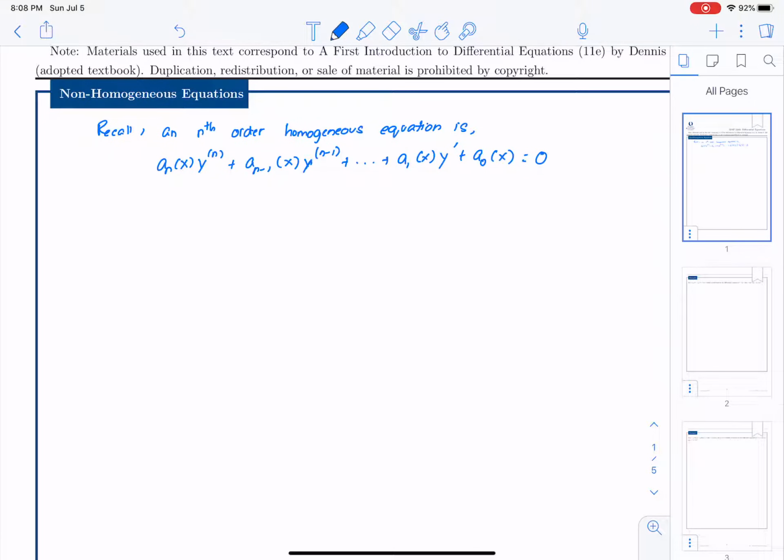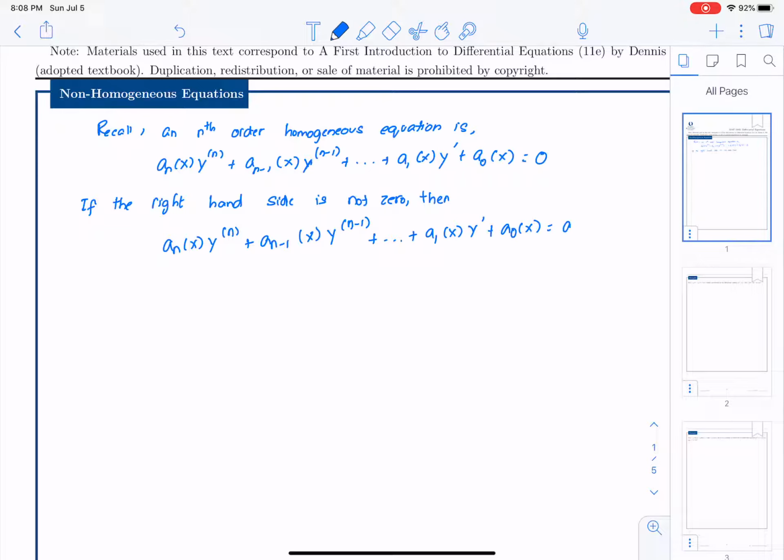So if the right-hand side is not 0, say if it is a function, then the same equation that we have would become non-homogeneous.